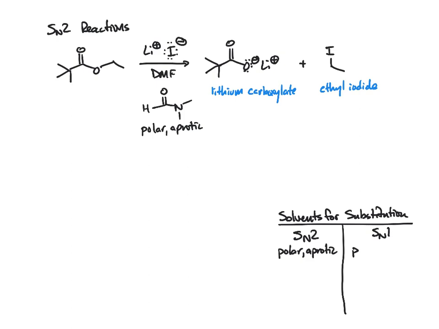For SN1, you want polar protic. The polar protic is probably a little bit easier to understand. So what are some examples of that?